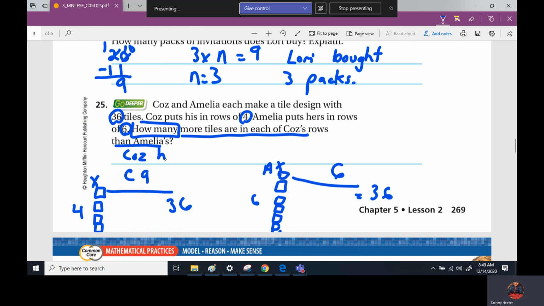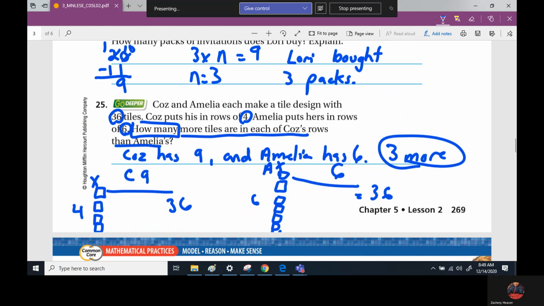Cos has 9, and Amelia has 6. 3 more. And this number right here is what we were finding, the missing number.